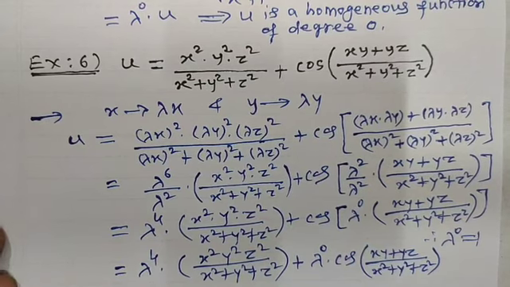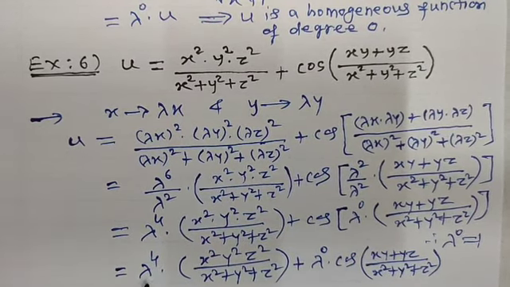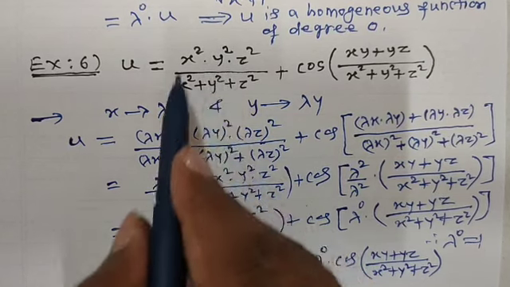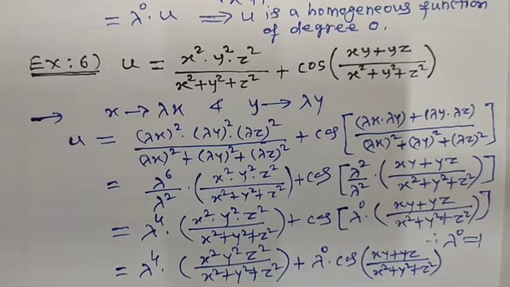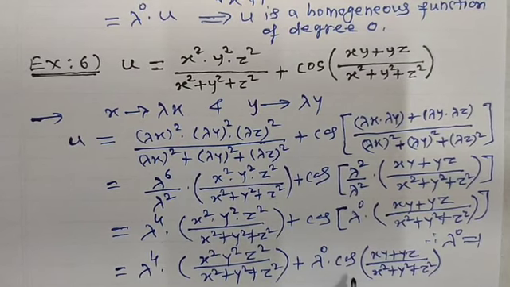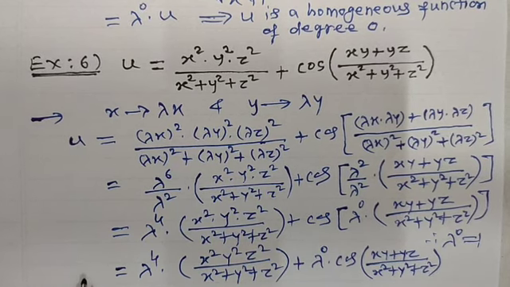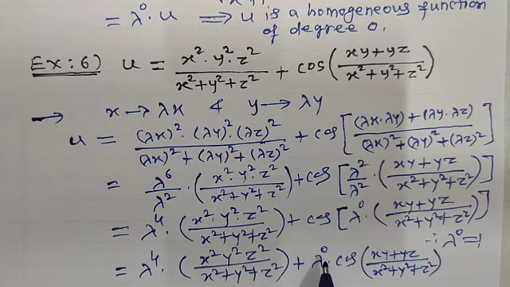Means we can express u in the form of lambda to the power 4 times the first term as it is, plus lambda to the power 0 times the second term as it is. From here it is clear that the degree of the first term is 4 and the degree of the second term is 0. Then what will be the degree of u?